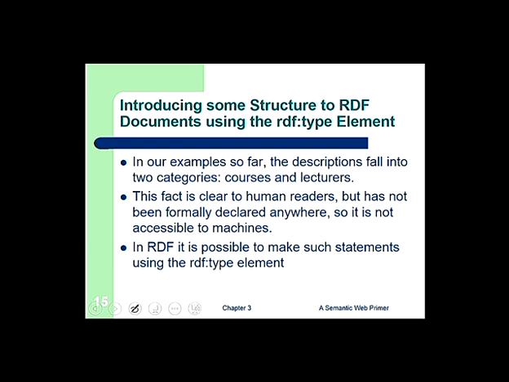David Billington is an associate professor, so he's a lecturer, and so on. But again, if we go back to the purpose of the semantic web, it is not for human understanding, it is for machine understandability. So for machines to make it very clear that this thing is a course, this thing is a lecturer, we use the RDF type attribute.